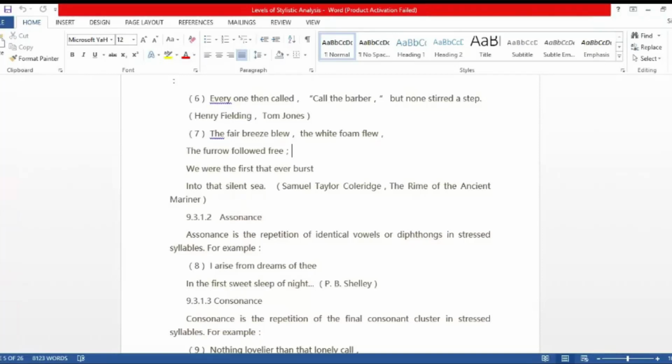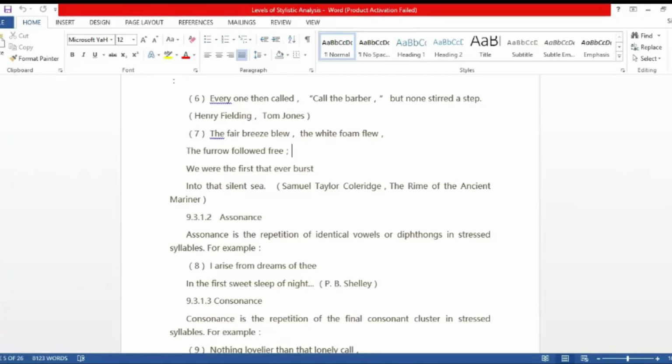So listen very carefully so that you get the whole idea clear. The fair breeze blew, the white foam flew, the furrow followed free. We were the first that ever burst into that silent sea.